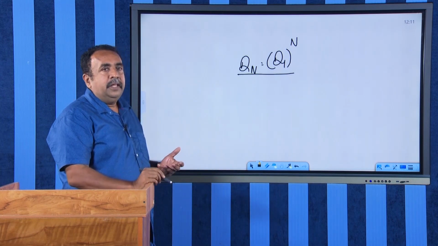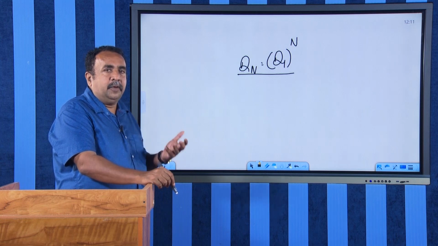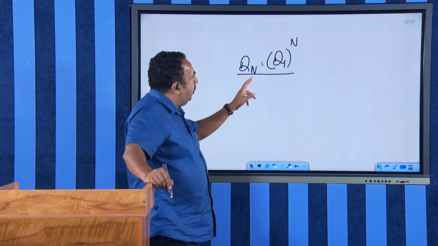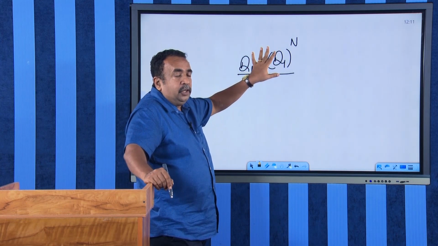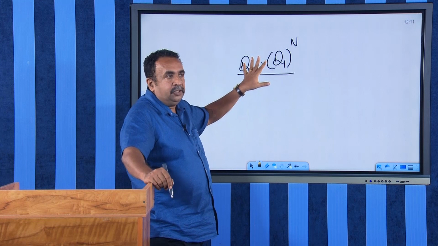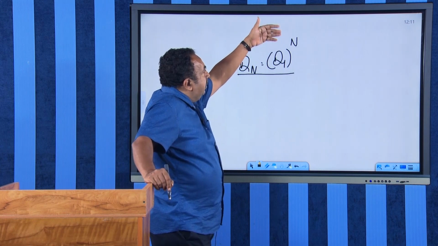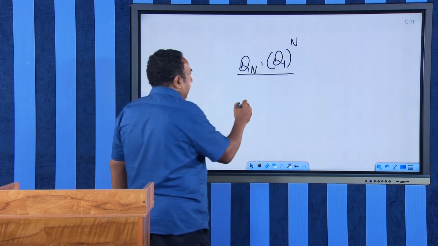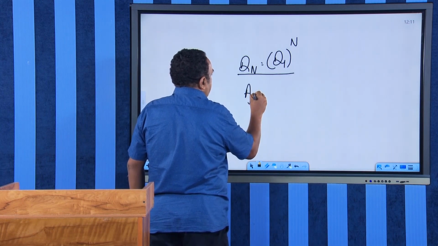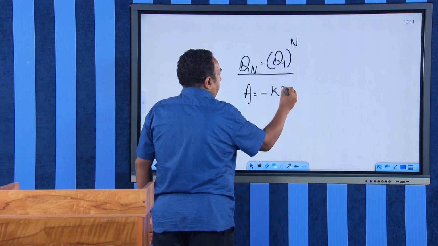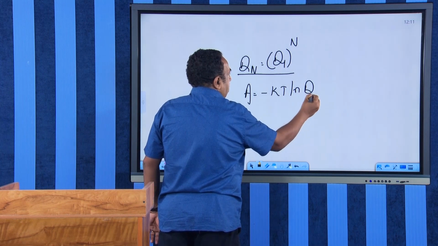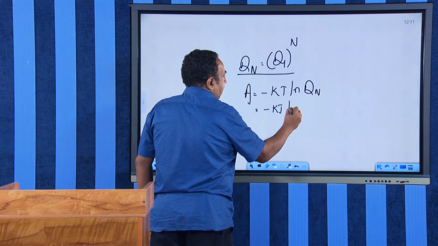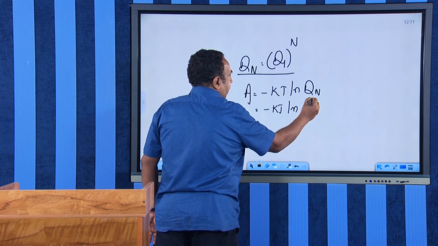Therefore, if you have a large number of particles having the same energy, you need to calculate only the single particle partition function, and then raise it to the power n to evaluate Qn. So with n particles, your bridging equation will be A is equal to minus kT log Qn, which is minus kT log Q1 raised to n.